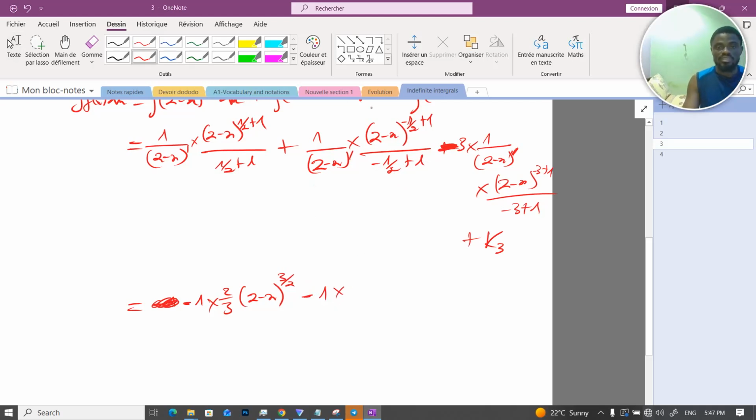Since it is 1 on a half, we are going to have times 2 times 2 minus x to the half, because minus half plus 1 is a half.